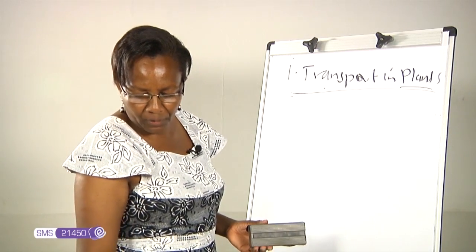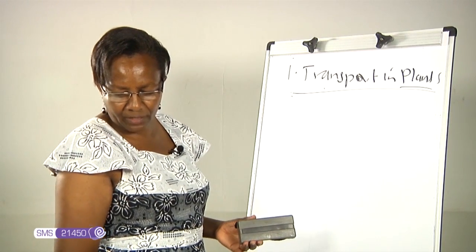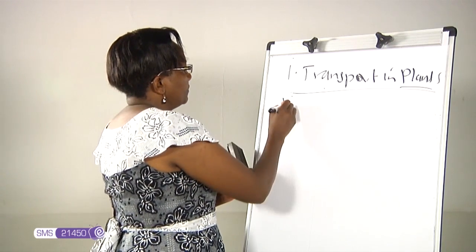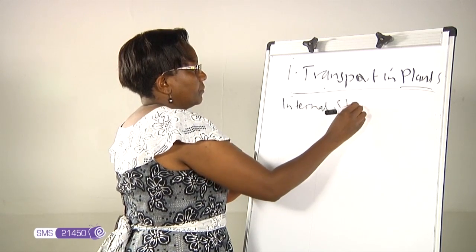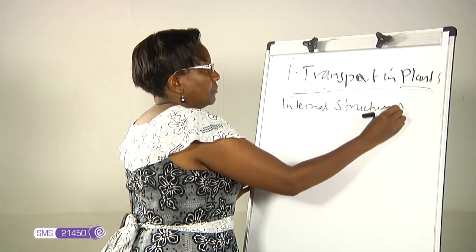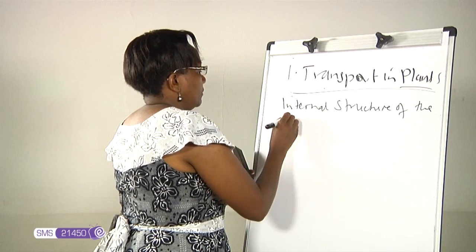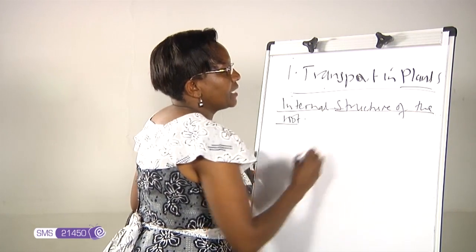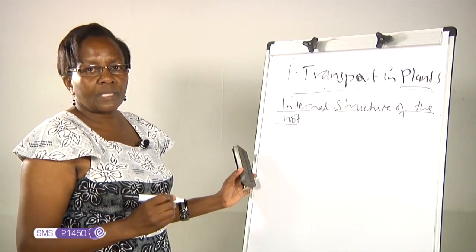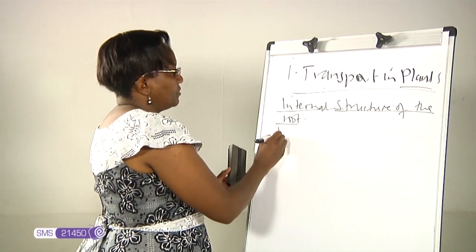So to understand more, we look at the internal structure of the root. So before we get into the internal structure, we'd like to look at the functions of a root.